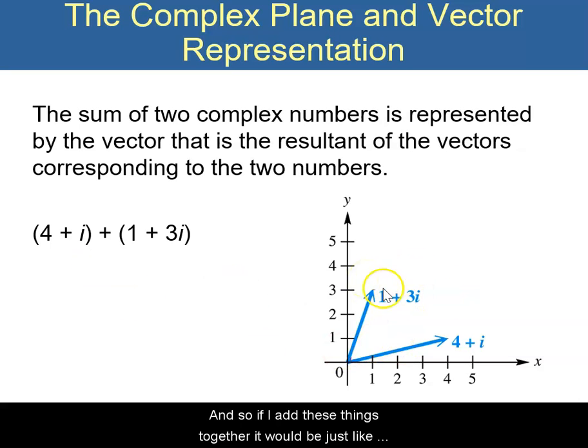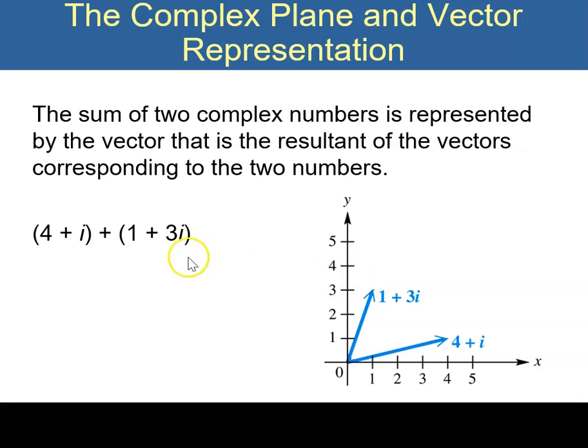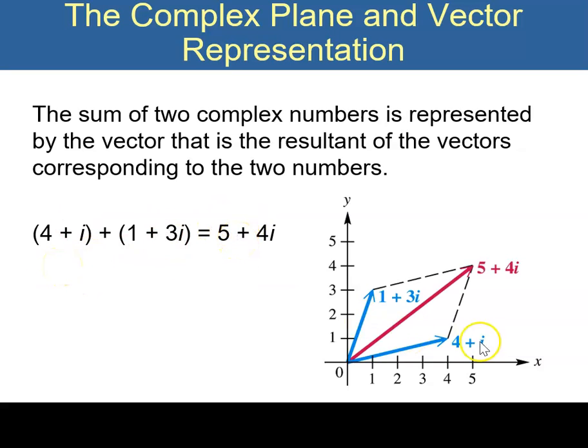Okay, and so if I add these things together, it would be just like adding like I normally do, right? So for vector addition, we add the x terms. For complex numbers, we add the real terms, right? On a vector, I would add the y terms. On complex numbers, I add the imaginary terms. Okay, so here I get 5 plus 4i, which is the same thing as if I did the parallelogram rule or the tip to tail rule.